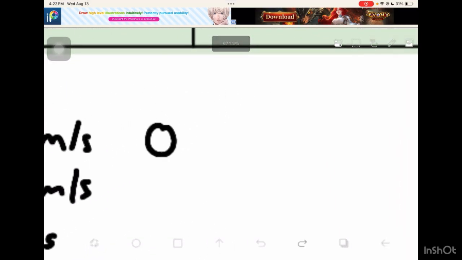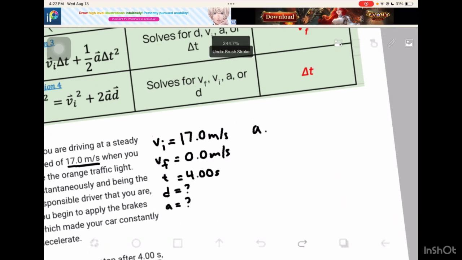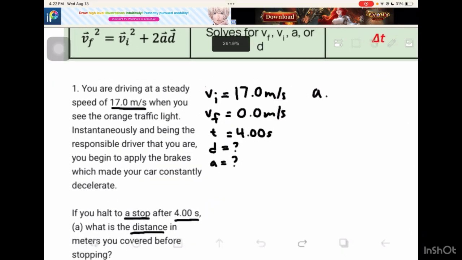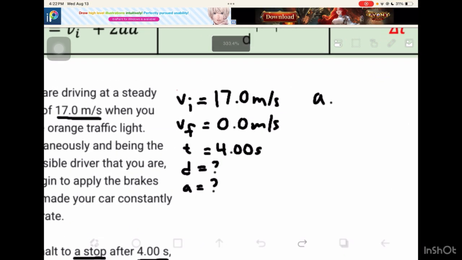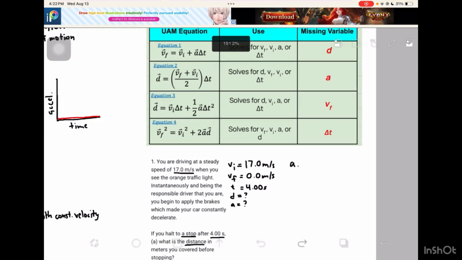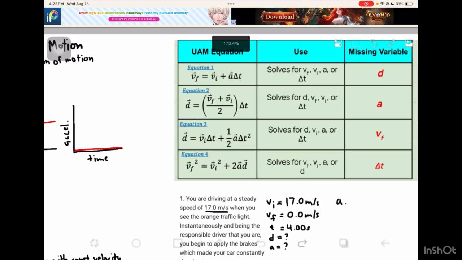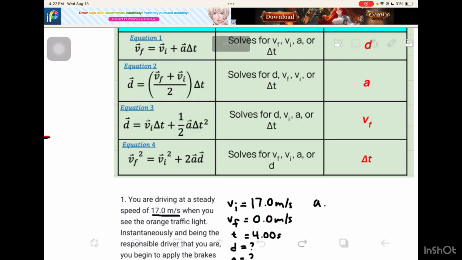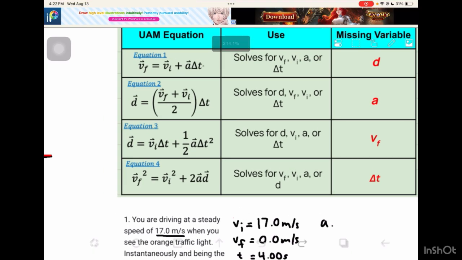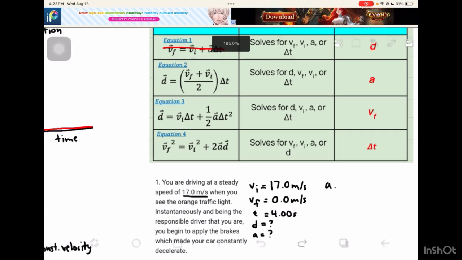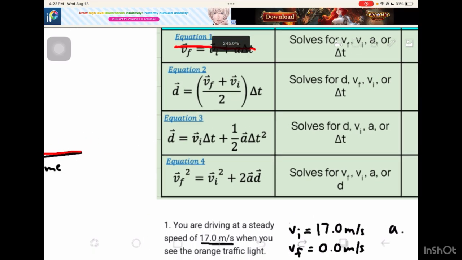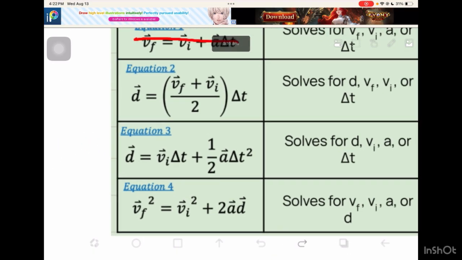So for letter A, we need to find a formula that has 3 of these givens and solves for distance. First and foremost, let's eliminate. We have v sub I, v sub f, but there's no distance over here. So equation 1 is out of the window. Next is equation 2. Here we do have distance.